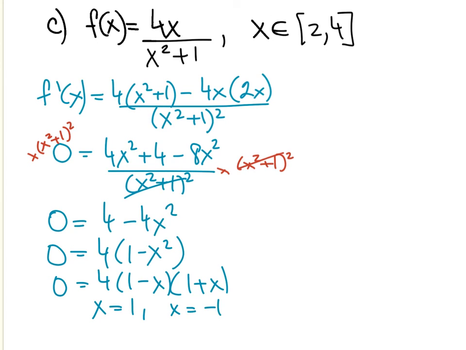And so looking back at our interval, both 1 and -1 are not on the interval, and so we can dismiss those critical points.